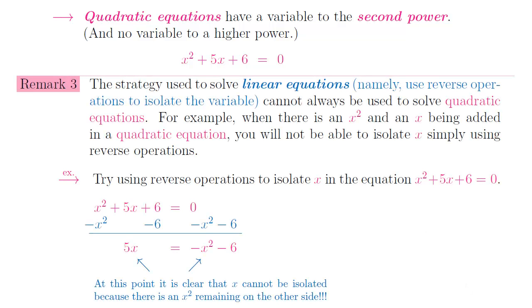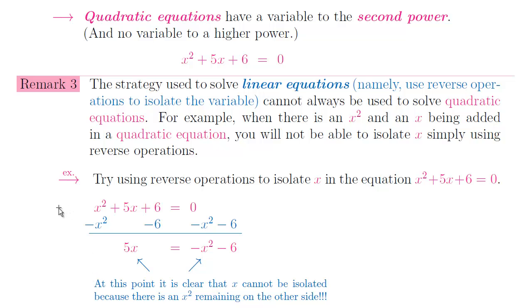Now, the strategy used to solve linear equations, namely reverse operations to isolate the variable, cannot always be used to solve quadratic equations. For example, when there's an x squared and an x being added in a quadratic equation, you will not be able to simply isolate the x using reverse operations. Watch.